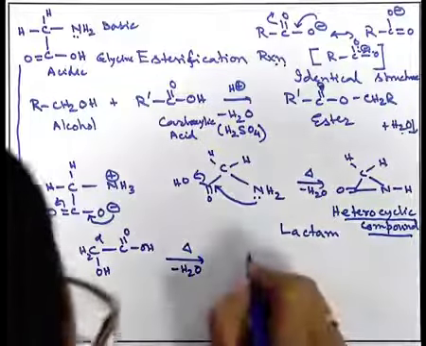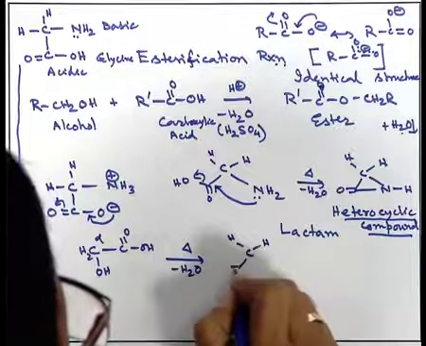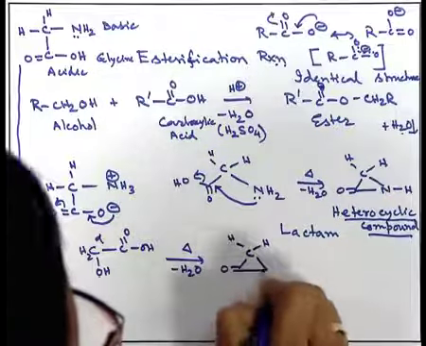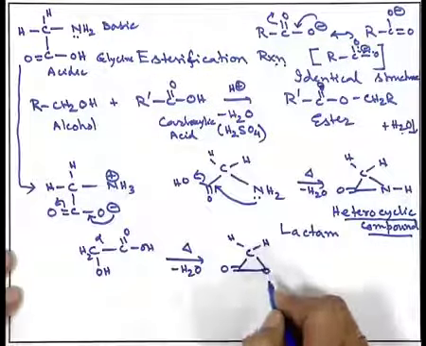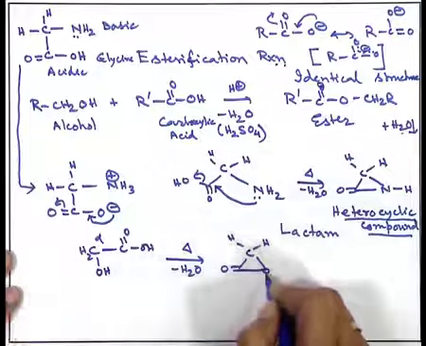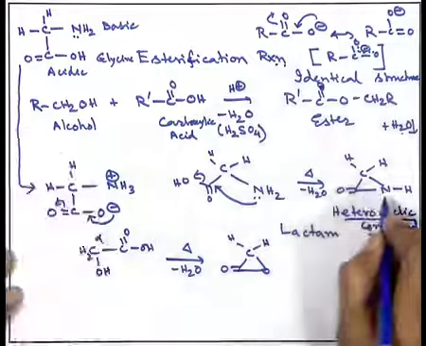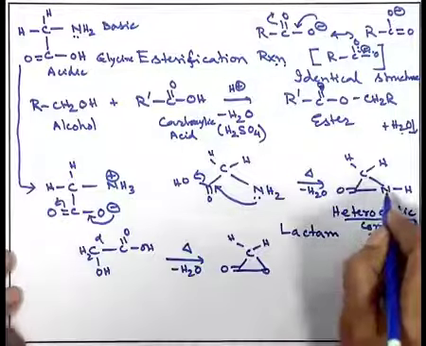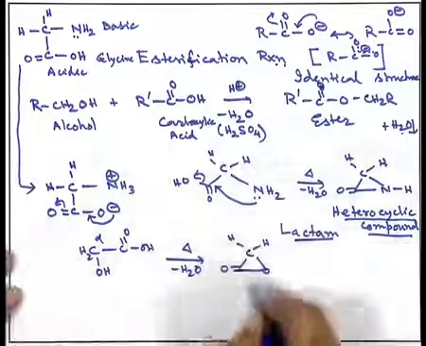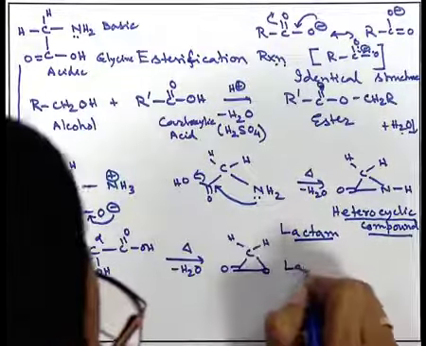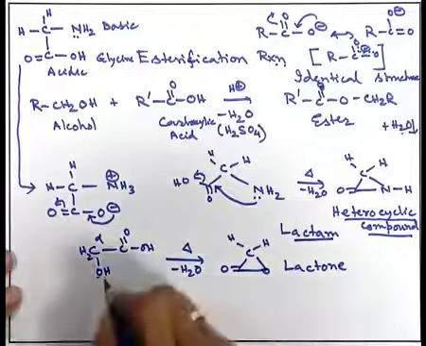We can also form a similar sort of compound like this, but the difference here is in the 3-membered ring, the oxygen is there as one member. In this case, in the 3-membered ring, not oxygen, but nitrogen is there. So, this type of compound is called lactam, and oxygen containing compounds will be called lactone. What type of lactone?